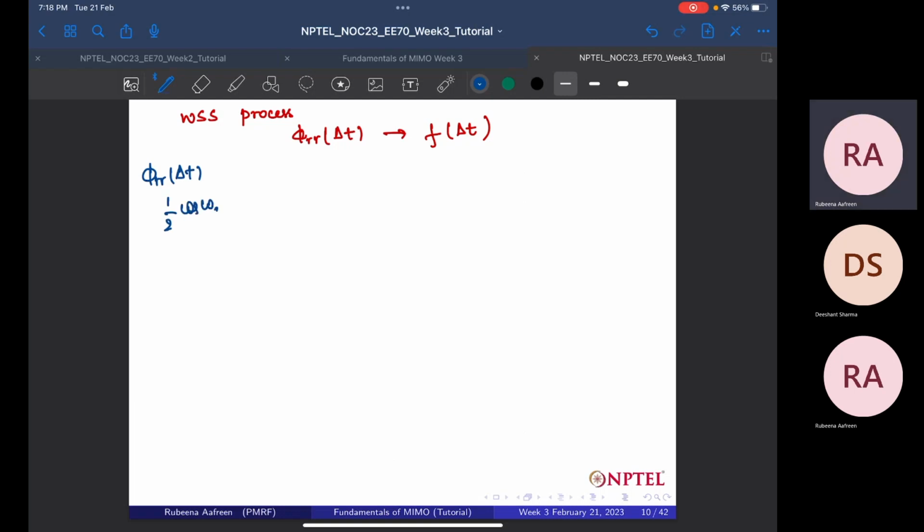This will come as half cos omega c (2t plus delta t) into expectation of hI(t) hI(t plus delta t) minus expectation of hQ(t) hQ(t plus delta t). So this is one term that is dependent upon t.